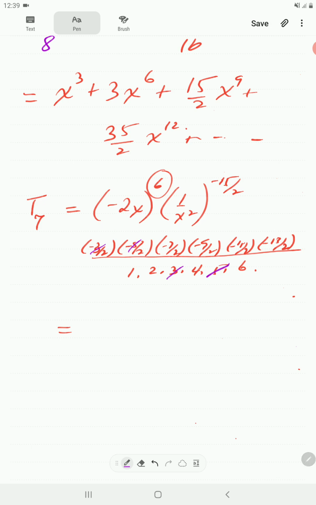So we're going to have 7 times 9 times 11 times 13. That works out to 9,009. It's going to be divided by 1, 2, 3, 4, 5, 6.